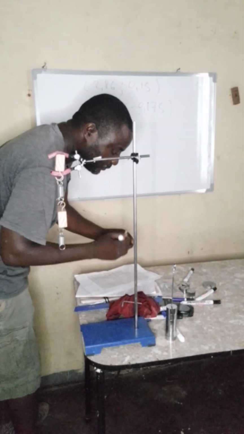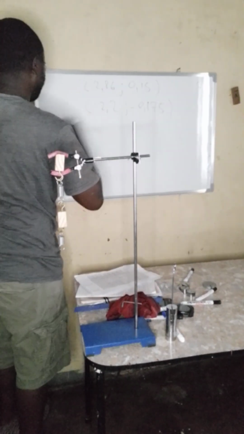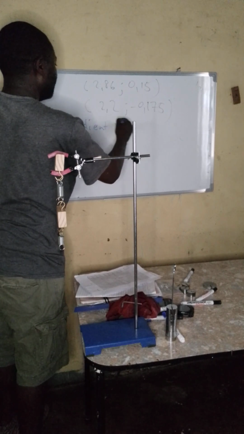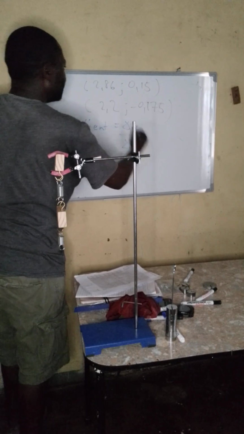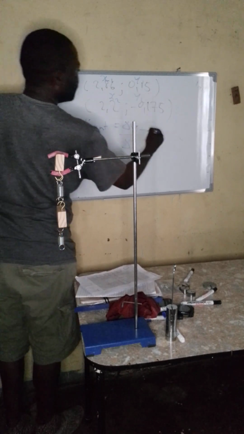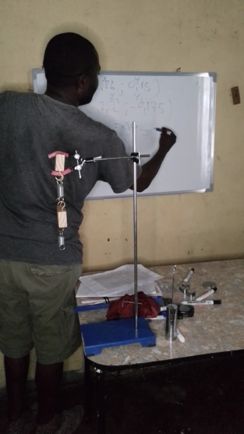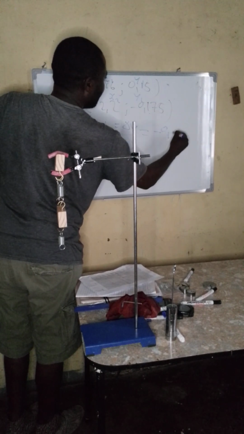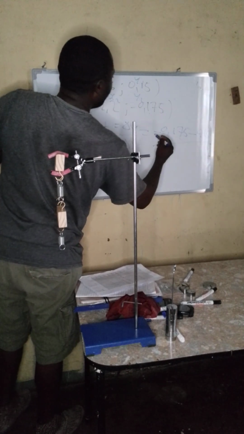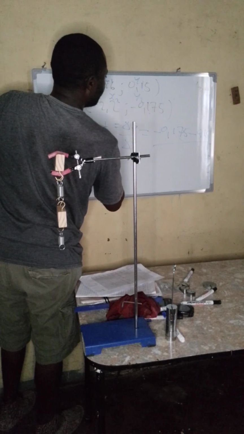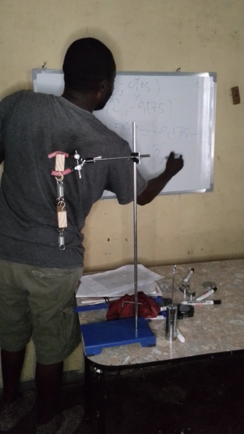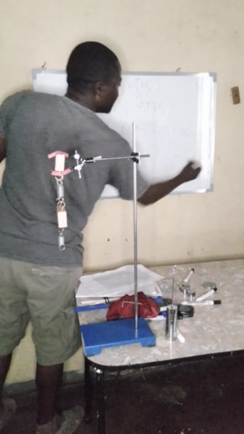So gradient is equal to delta y over delta x. This is x1, y1, x2, y2. So we will have y2 minus y1, which is minus 0.175 minus 0.15, over x2 minus x1, which is 2.2 minus 2.86.